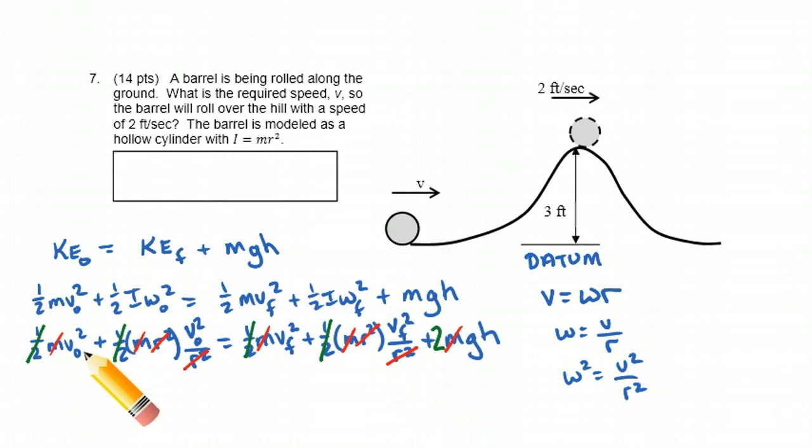So v0 is our initial velocity that we're solving for, plus v0 squared again. So that makes 2 of those.